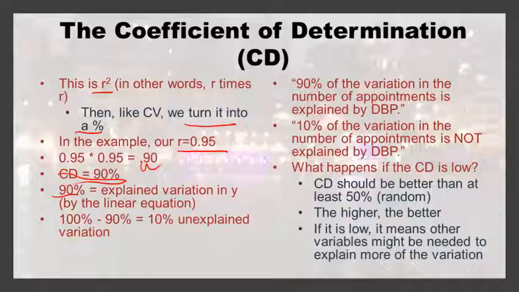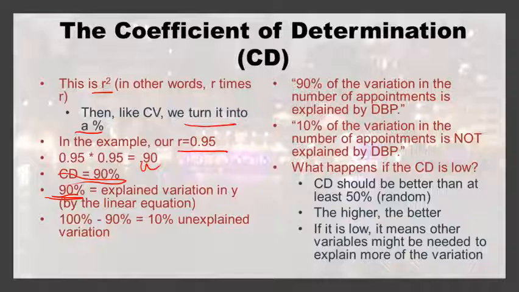Just knowing that tells us that diastolic blood pressure does have that strong positive correlation with the number of appointments that patients have, which means that we can use it to predict how many appointments our patients are going to require in the next year, just by using this equation, just by measuring their diastolic blood pressure.